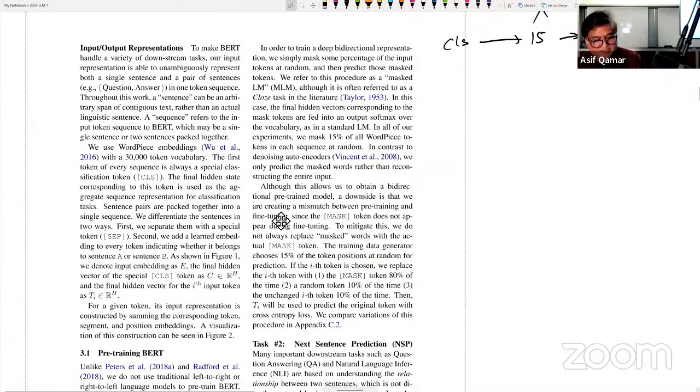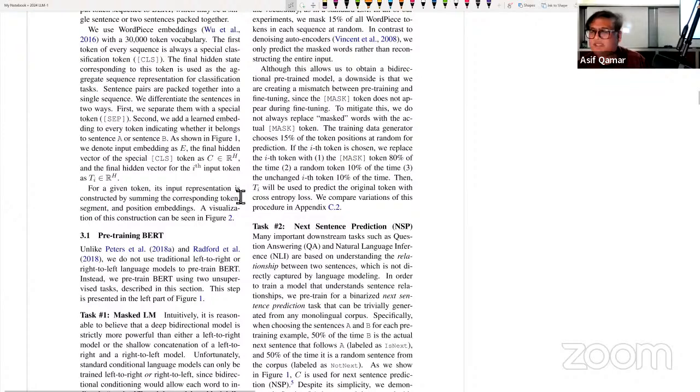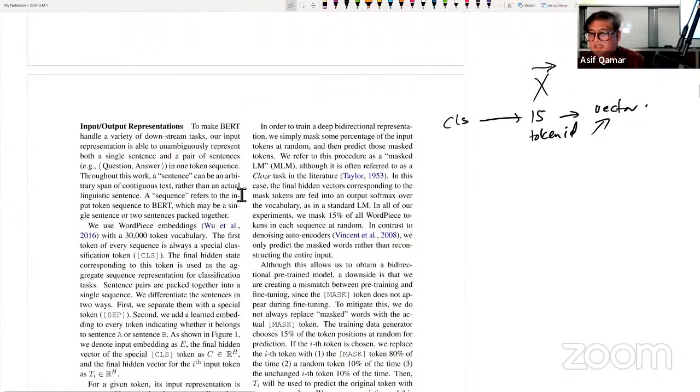So there we go, we have the token ID in front of it. Now that I put the token ID in, it becomes obvious that it is fixed, just like any other word. You just stick a word CLS there.